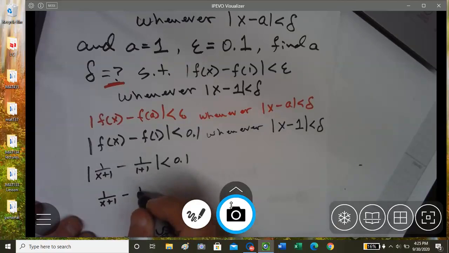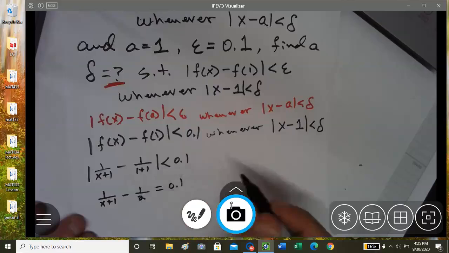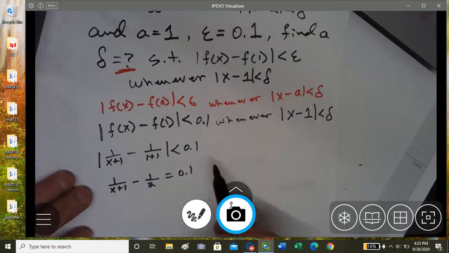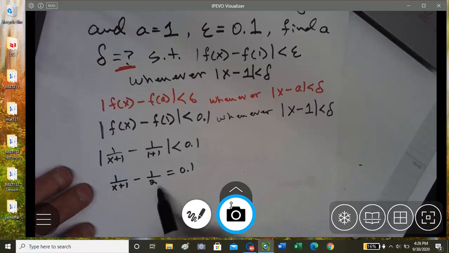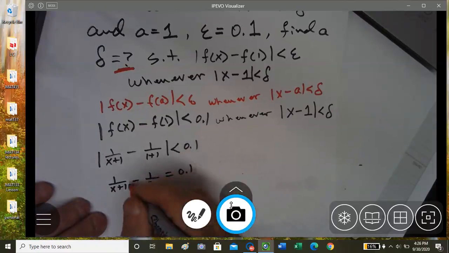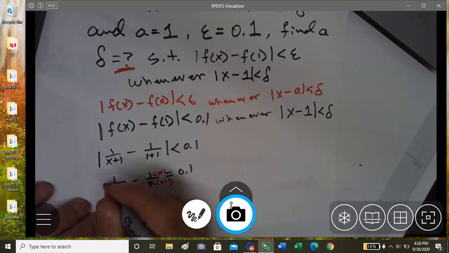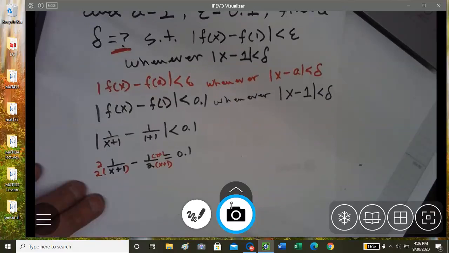Minus 1 over 1 plus 1, which is 2, and then we're going to set that equal to 0.1. So we need a common denominator. So we've got to multiply by x plus 1 over x plus 1, and we've got to multiply 2 over 2 to get our common denominator.